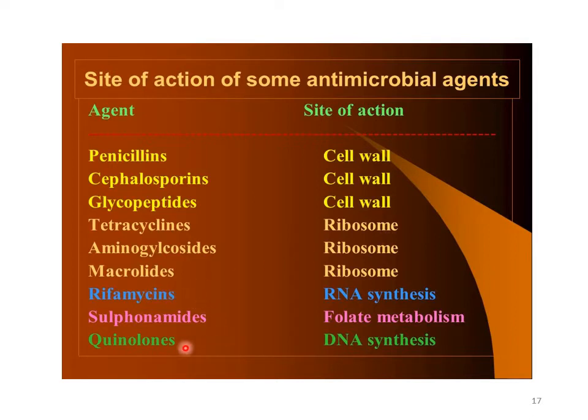Rifamycins and quinolones. I want you to put a star next to rifamycins and quinolones and make note that those target nucleic acids, such as RNA and DNA. Now, when targeting nucleic acids, again, these structures and their enzymes are so similar to humans that these guys are also going to cause some problems for the patient as well.